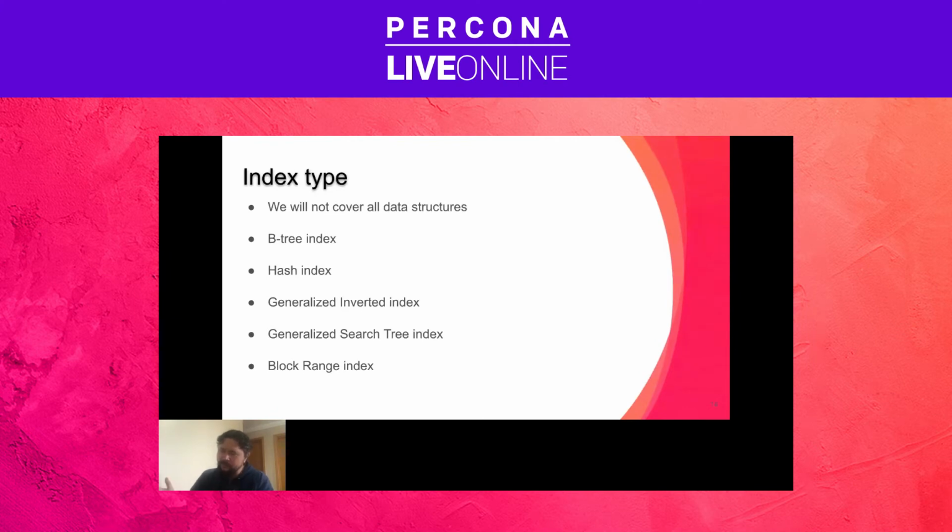Let's say we have 5 values for gender, so it will have a tree of 5 values. And inside those, they have pointers to the rows that have those values.